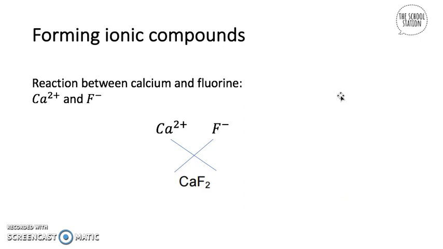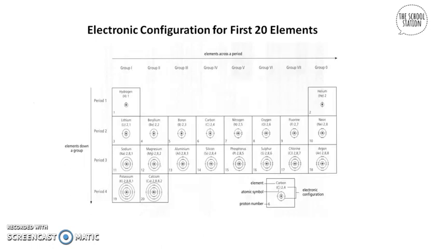Just quickly before we end this video, I just want to talk about forming ionic compounds. We're going to be looking at dot and cross diagrams in the ionic bonding video, but this is how you would represent it without dot and cross diagrams. If there was a reaction between calcium and fluorine, if we go back to our periodic table, we can see that calcium is 2, 8, 8, 2, so there are 2 electrons in the outer shell. There are still many more electrons needed for it to become full.